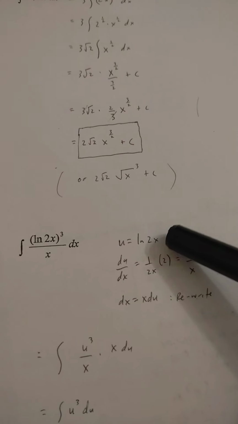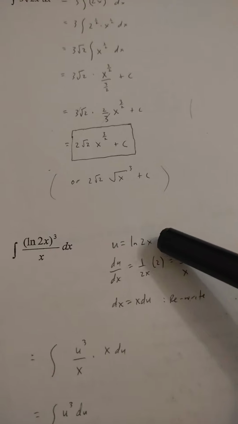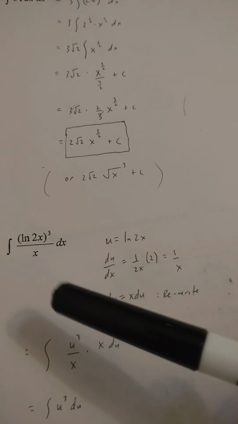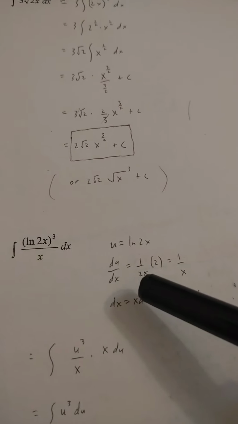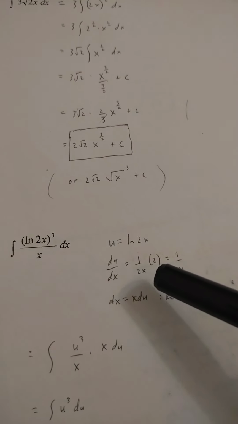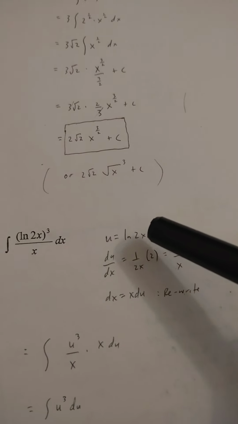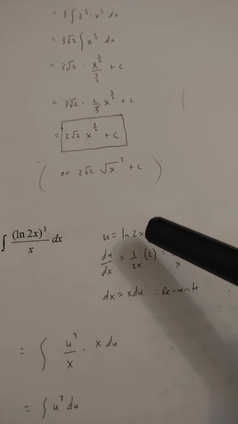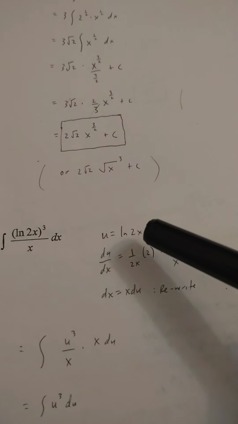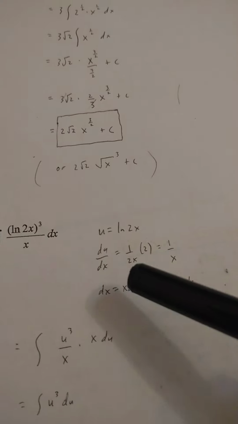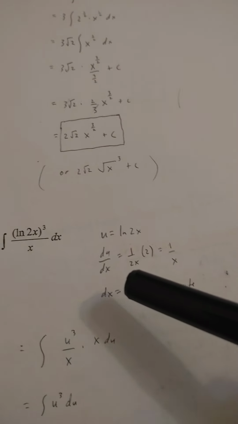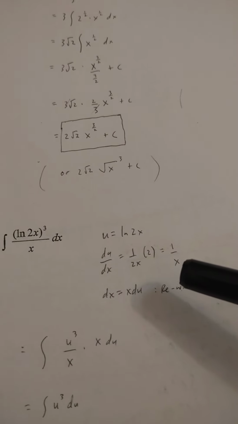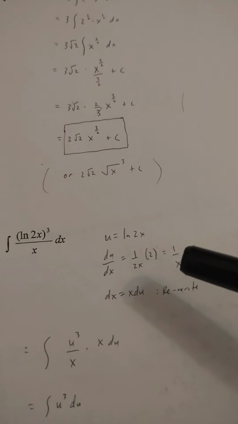So let u equal the ln of 2x, because isn't the derivative of the ln of 2x 1 over 2x, and then by the chain rule times 2? Because you go 1 over the argument times the derivative of the argument. That's how you take a derivative of a log function. It's 1 over 2x times the derivative of 2x, which is 2, and 1 over 2x times 2 simplifies to 1 over x.